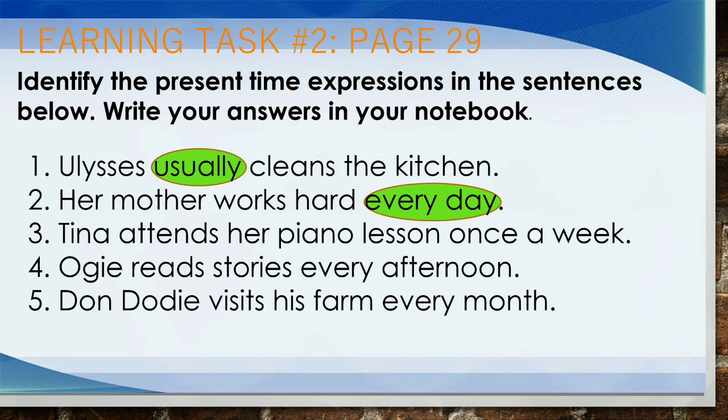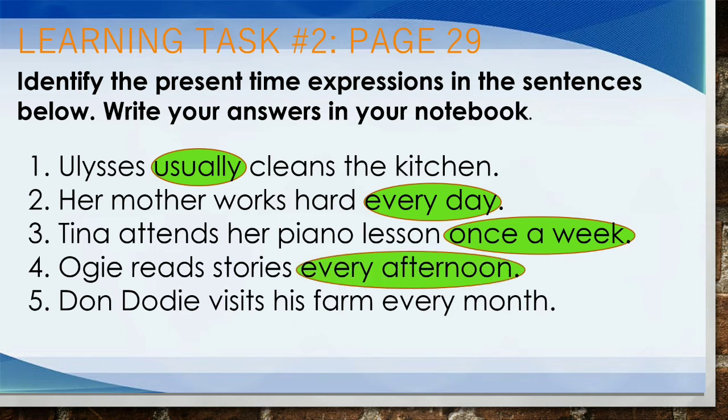Very good. Number 3. Tina attends her piano lesson once a week. The time expression used is once a week. Next, number 4. Ogie reads stories every afternoon. The time expression is every afternoon.